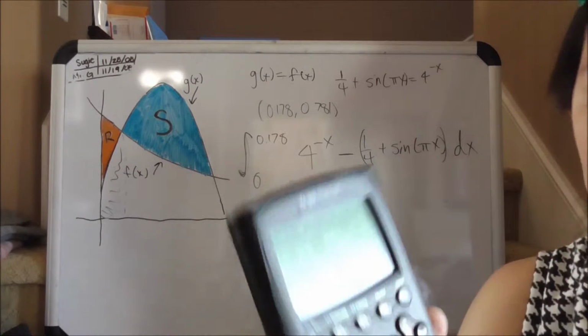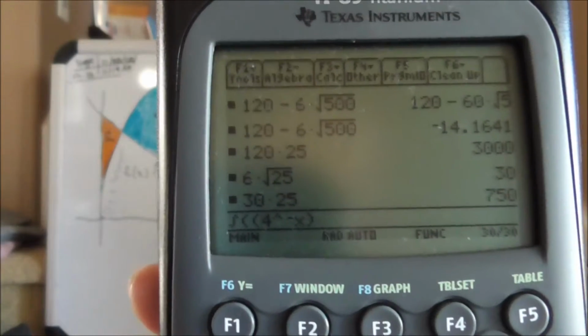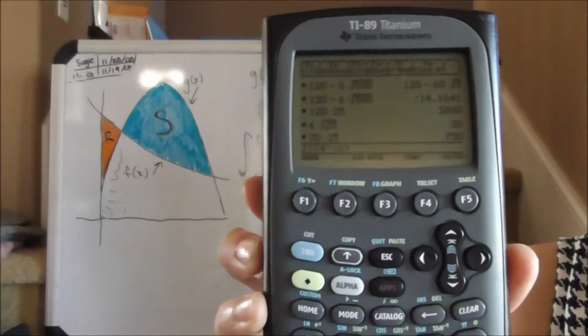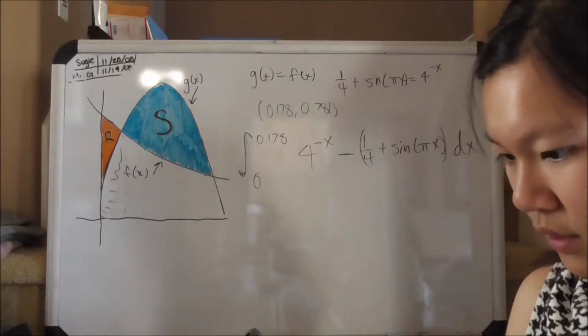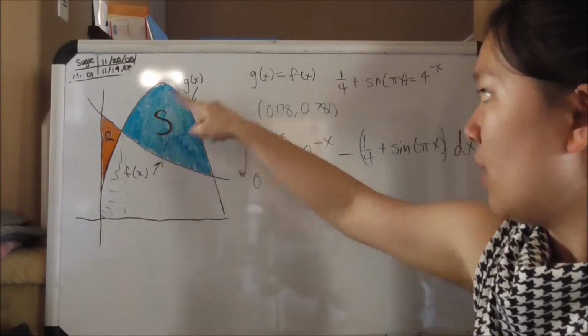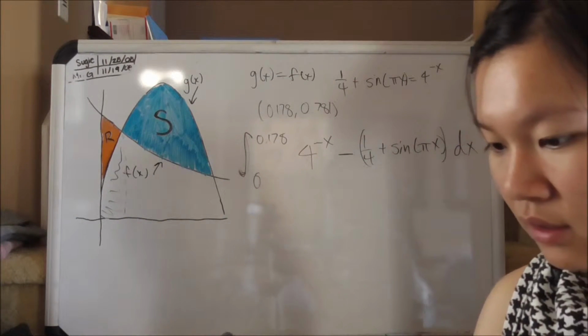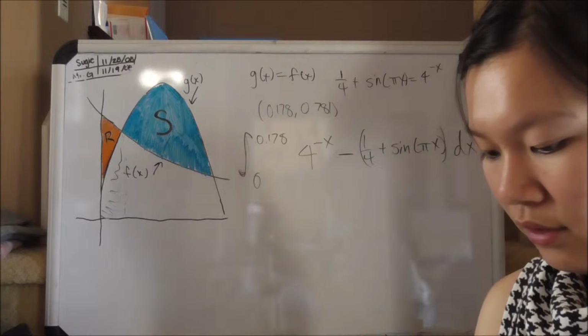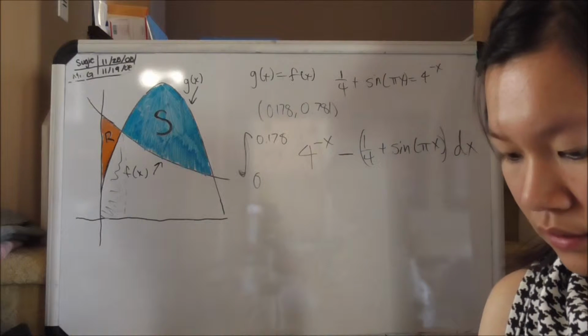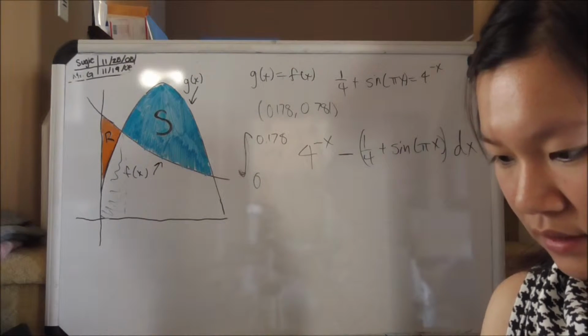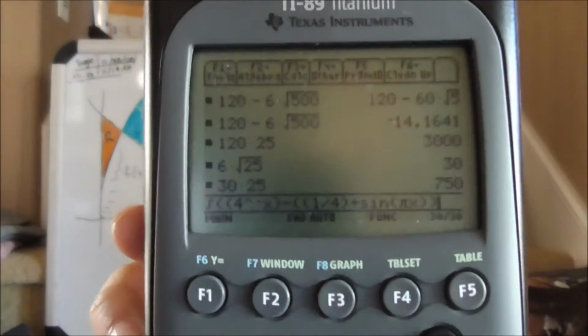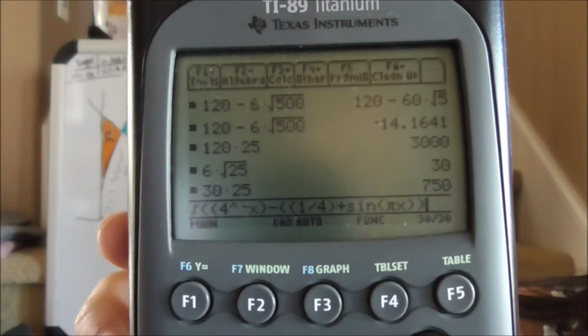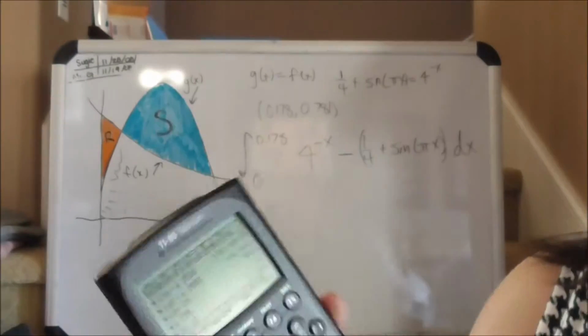This I'm going to enclose in parentheses so I can differentiate between them easily and so nothing gets jumbled on the calculator. So that's the top equation minus the bottom equation. The bottom equation is 1/4 plus sine of pi x. 4 to the power negative x minus 1/4 plus sine pi x.